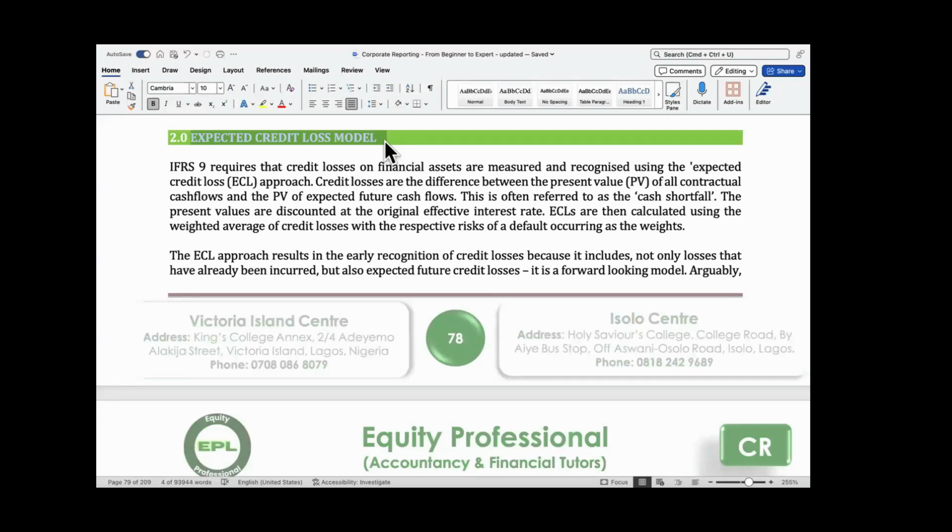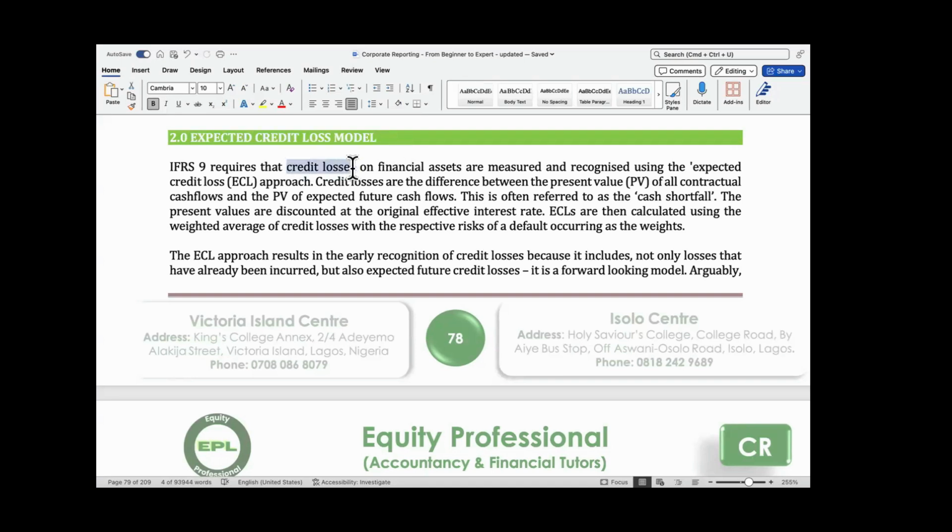Don't wait until the money is gone, until it is everywhere that this company cannot settle its debt, before you say, I've lost my investment. No, don't wait. Even before you see any sign, the expected credit loss model is saying that you must expect that there will be credit loss.